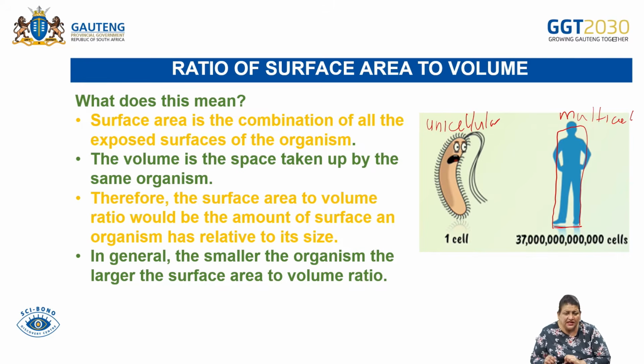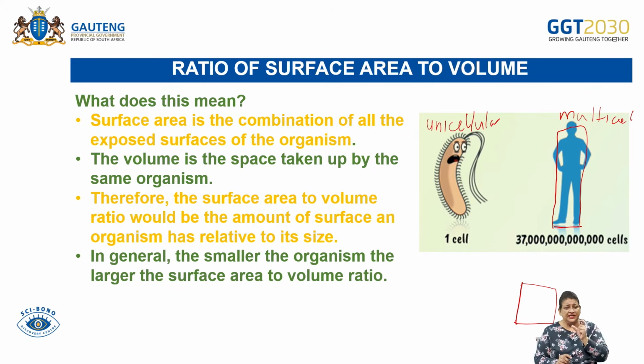So he's occupying a volume of, if you look at the length and the height like that, but compared to his number of cells, there are too many cells, 37 trillion cells. So his surface area, can you see, is going to be much bigger.